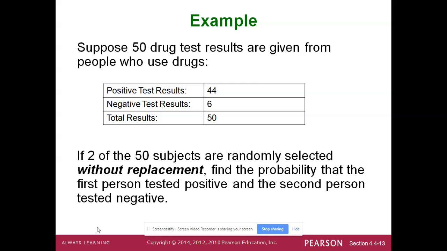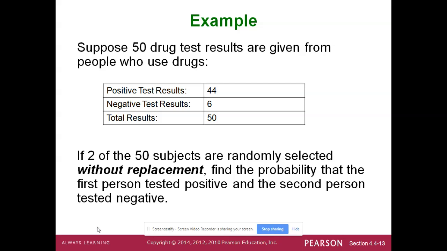How many people have positive drug tests? 44 out of 50. We could reduce that fraction, but we don't have to until the end. Without replacement means if I pick one of these, how many are left? 49. And the second one being negative, how many negative ones are there? 6. So we multiply those two together to get the probability for those two events.